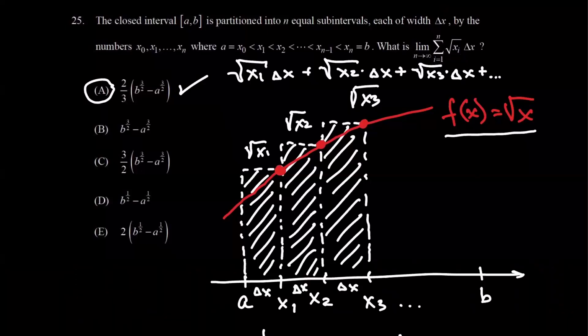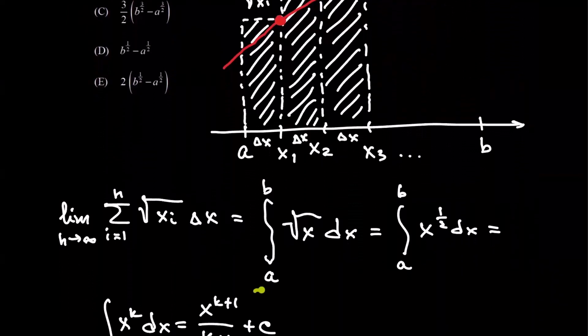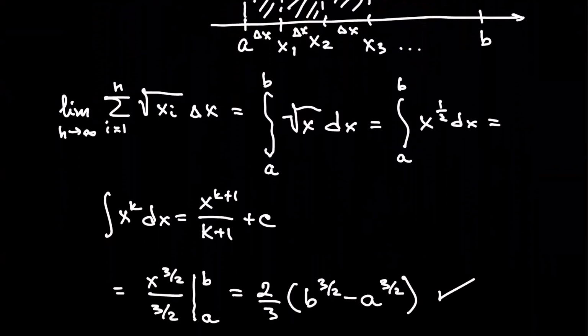And the integral is from a to b, which is given to us here as well. So this ultimately becomes the integral from a to b of the function itself. And so we solve this integral, we plug in the endpoint values, and we find the answer.